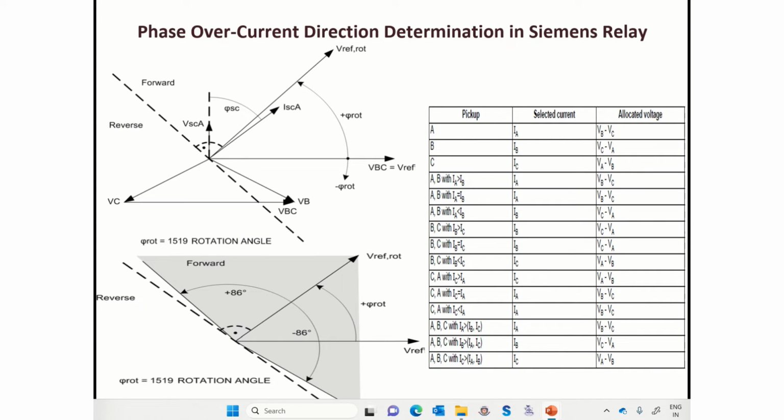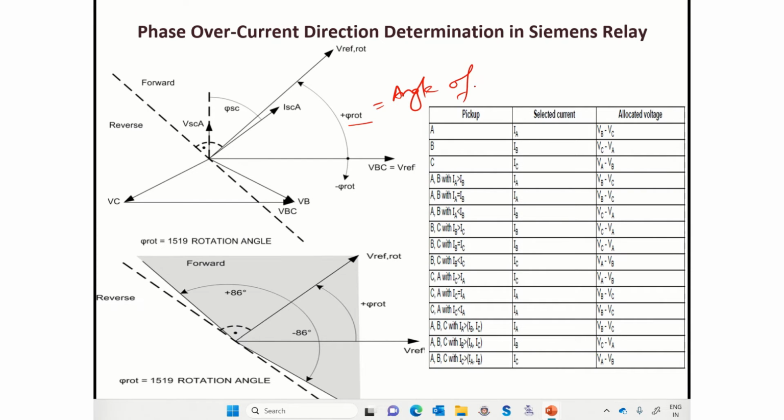Then the next thing is, if this relay doesn't have RCA, then from where does RCA come? In this relay, RCA comes from the setting phi rotation. That is the angle of rotation.